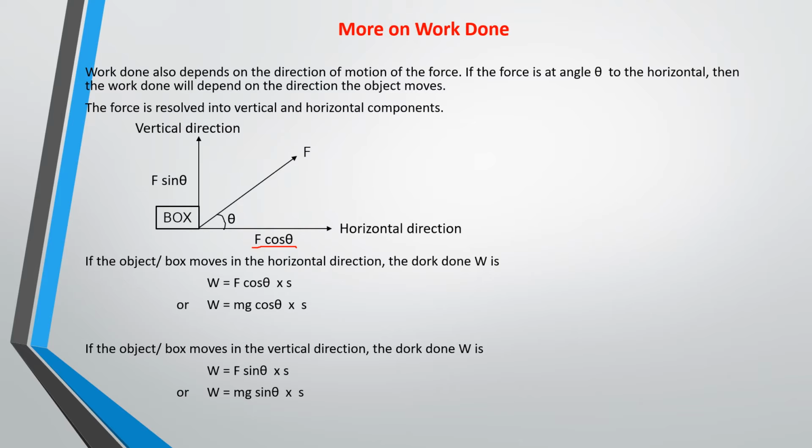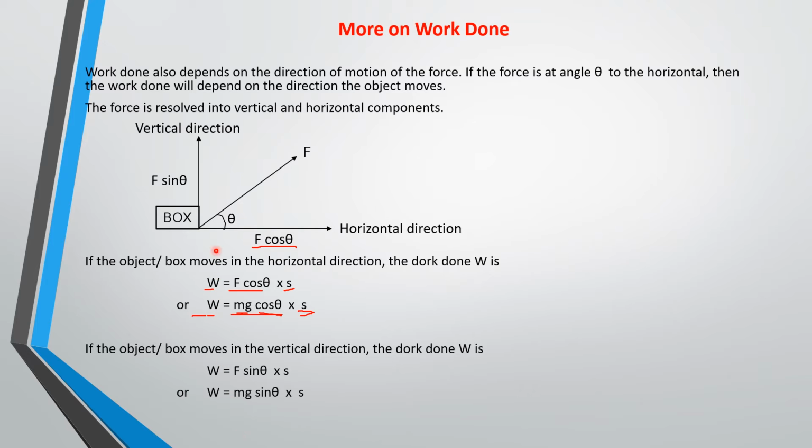So the work done is equal to the force in the horizontal direction times the perpendicular distance. Don't forget that force is equal to mg. So this can also be written as work done is equal to mg cos theta times the distance.